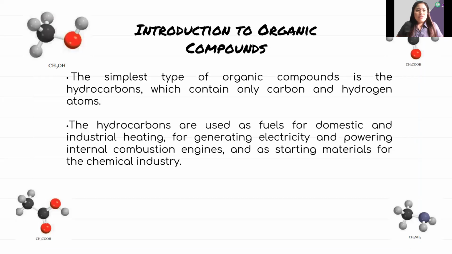Ito, this is just introduction to organic compounds. So remember ha, itong mga organic compounds do contain carbons in their chemical formula. And most of our organic compounds are combination of carbon and hydrogen. That is why we call them hydrocarbons.